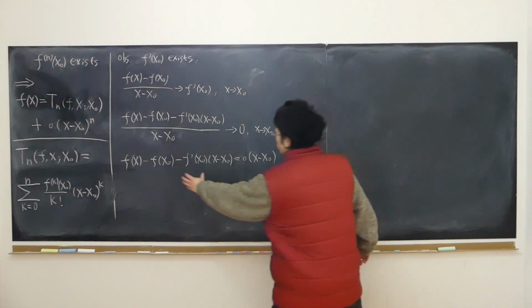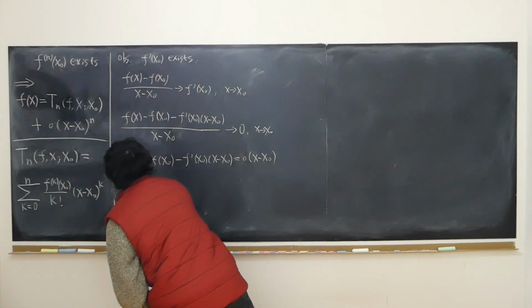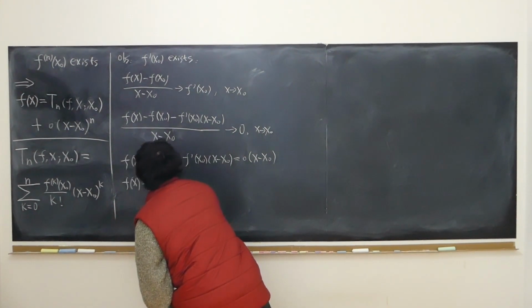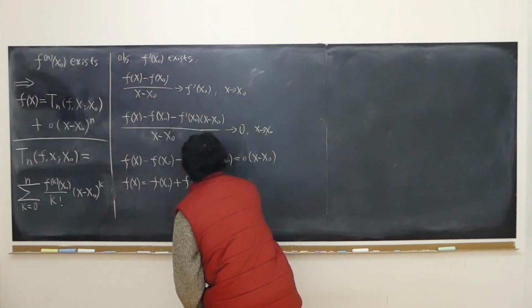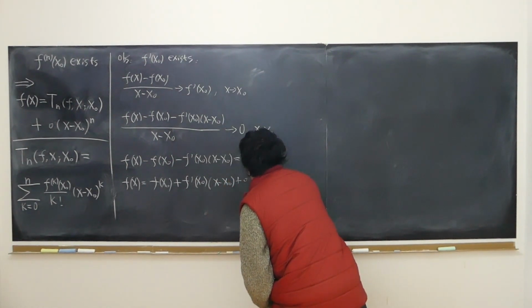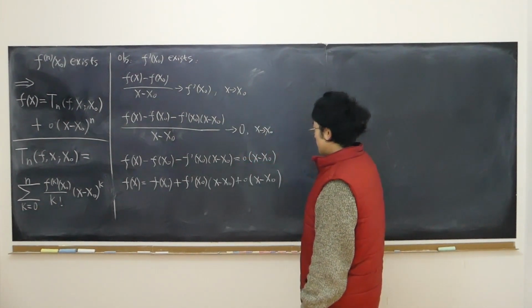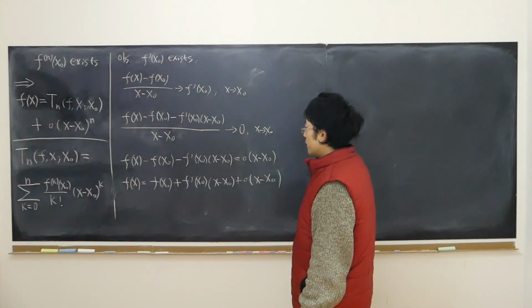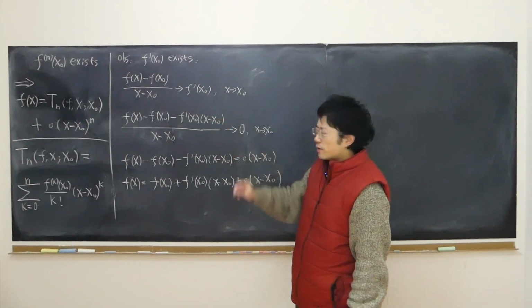And if we move this term to the other side, now we have f of x can be written as f of x naught plus f dash of x naught times x minus x naught plus little omicron of x minus x naught. This is already looking very much like our Taylor expansion, except we don't have such a high degree.